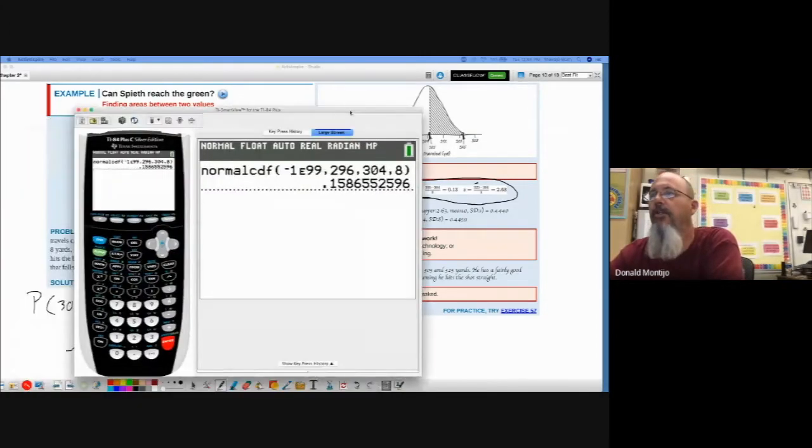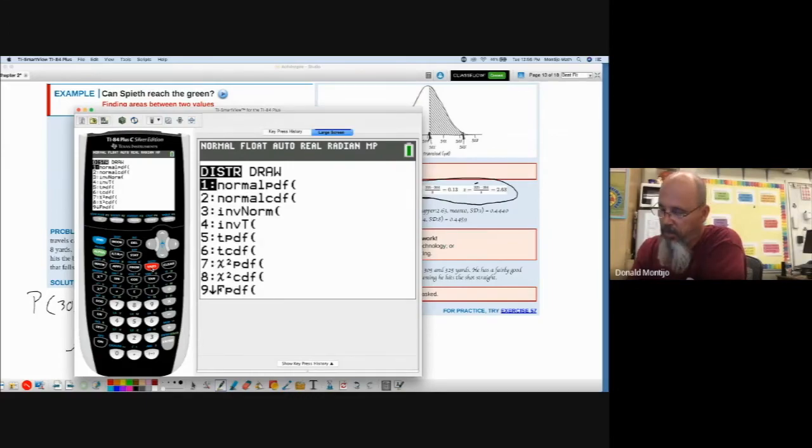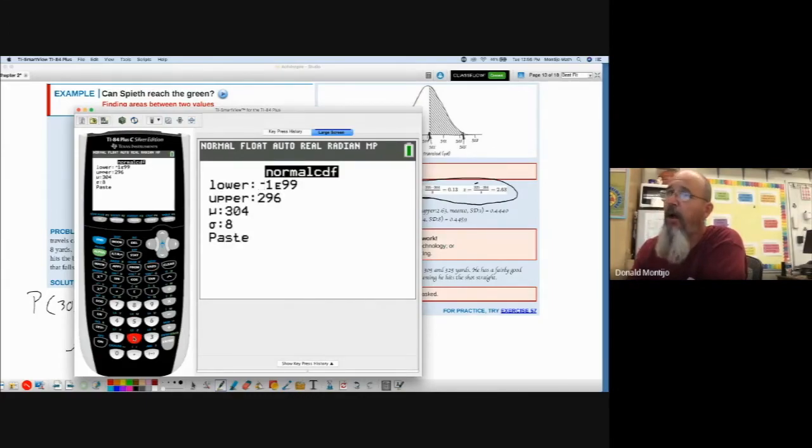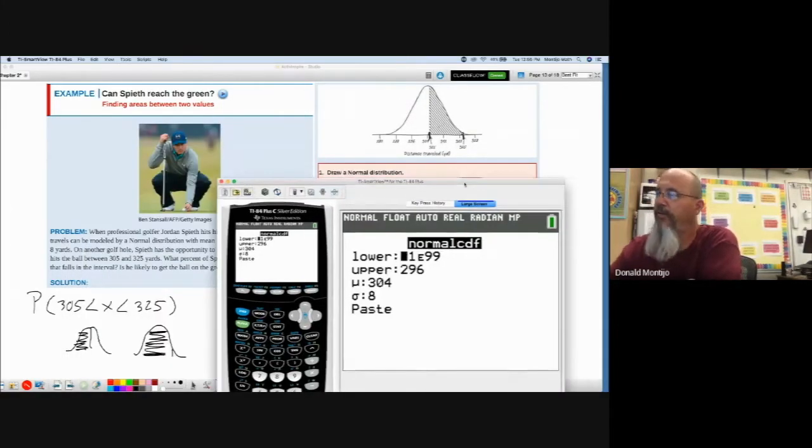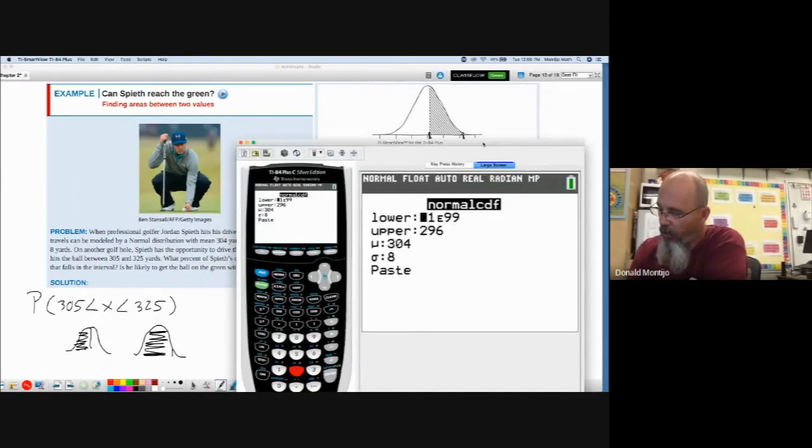All we have to do is go to normal CDF, second VARS, normal CDF. Now I want to know the answer from between 305 and 325. My lower bound, 305.